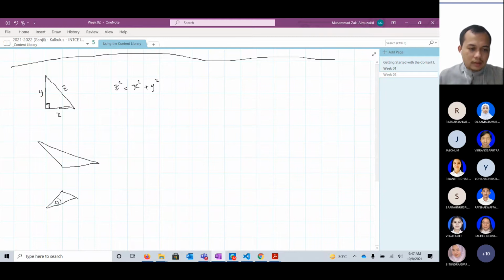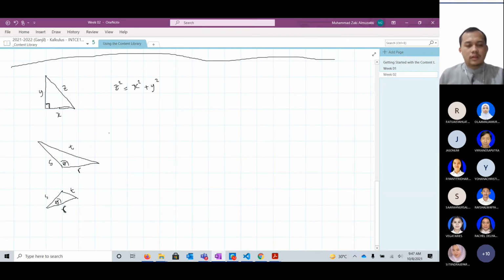Here is the angle theta, here is the angle theta, and let's say here are r, s, t.